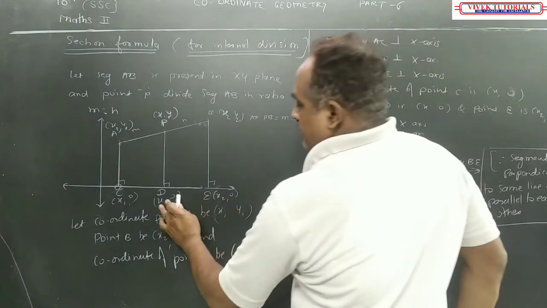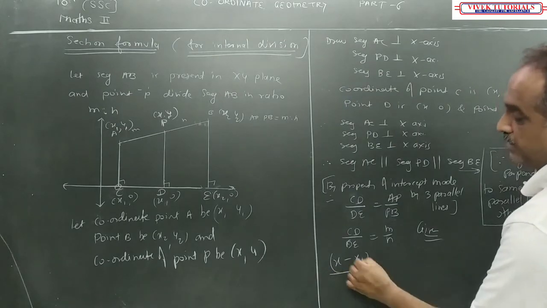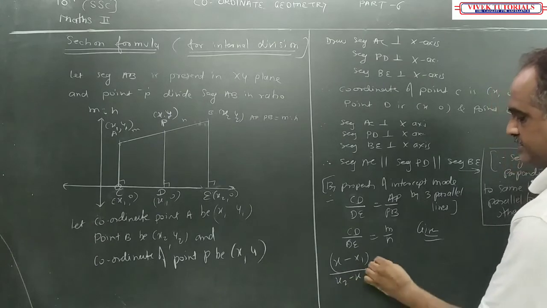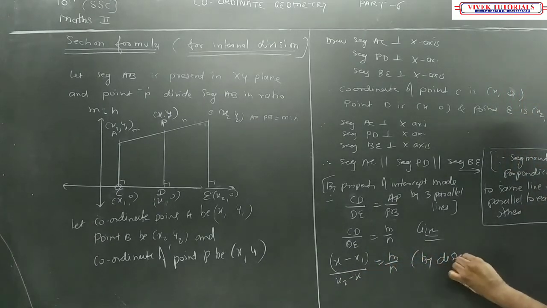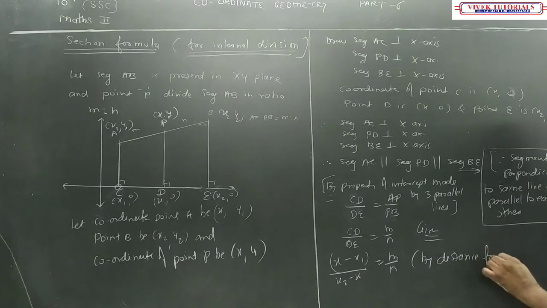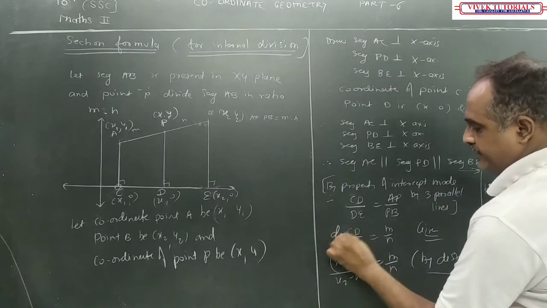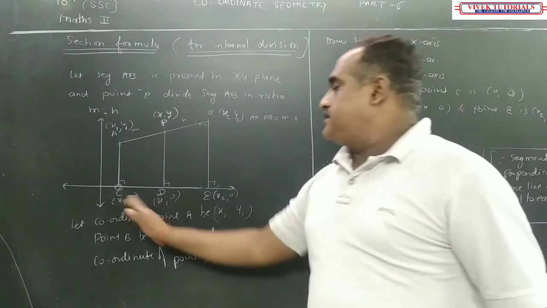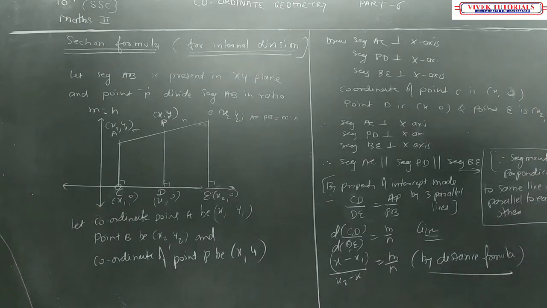And DE is nothing but x2 minus x, is equal to m upon n, by the distance formula. Higher coordinate minus lower coordinate, x minus x1, x2 minus x.